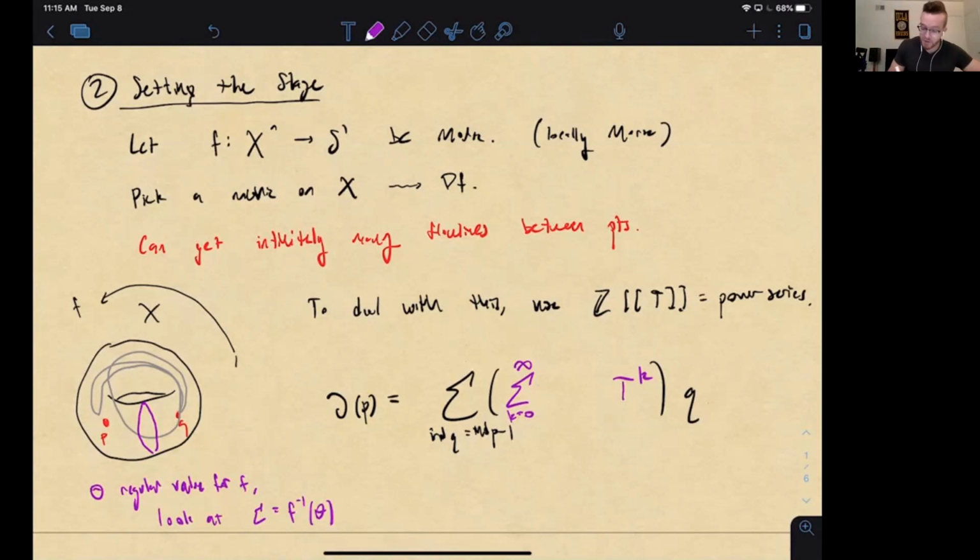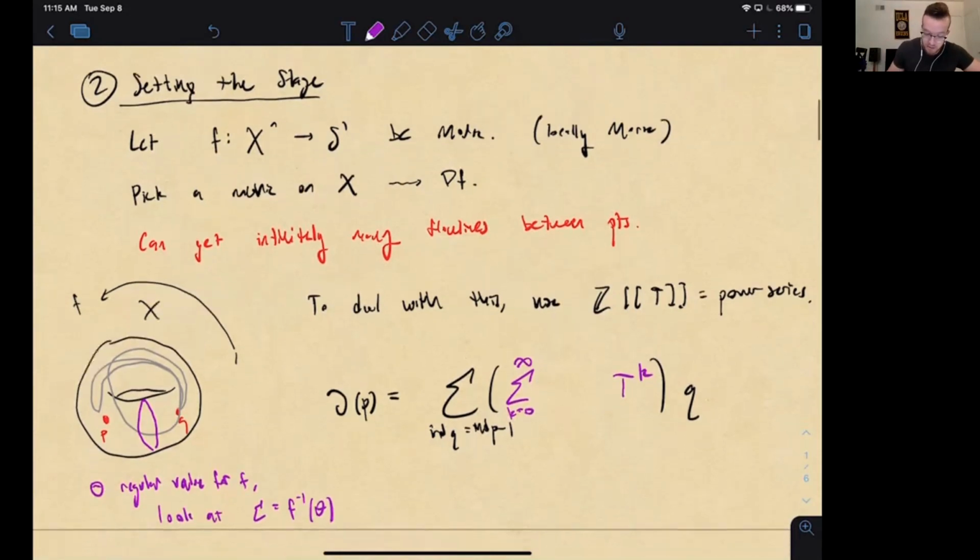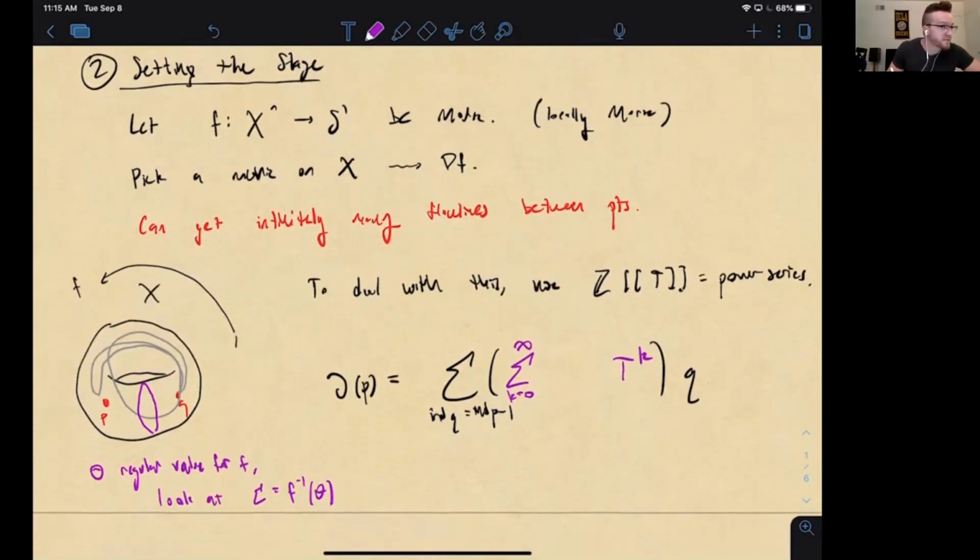So the coefficient here is going to be, how do I write this to be consistent? The count of m sub k pq, where this is the count of flow lines between P and Q that intersect sigma k times.